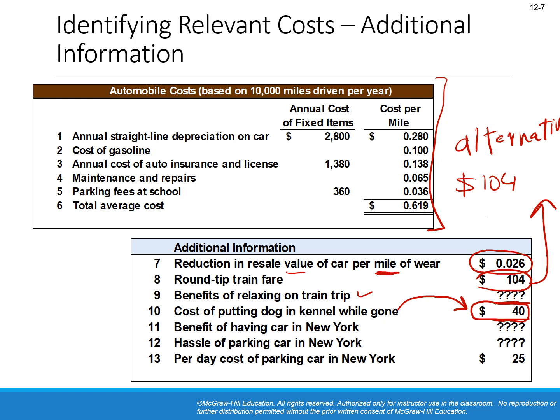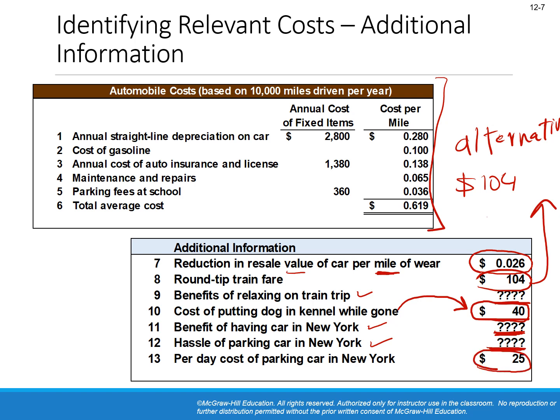It shouldn't be considered when deciding whether to take the train or drive. Benefit of having a car in New York, it's something good, but you cannot quantify it money-wise. Hassle of parking a car in New York, it's something bad, but again, you cannot quantify it. Per day cost of parking a car in New York is $25, and this is a relevant cost.